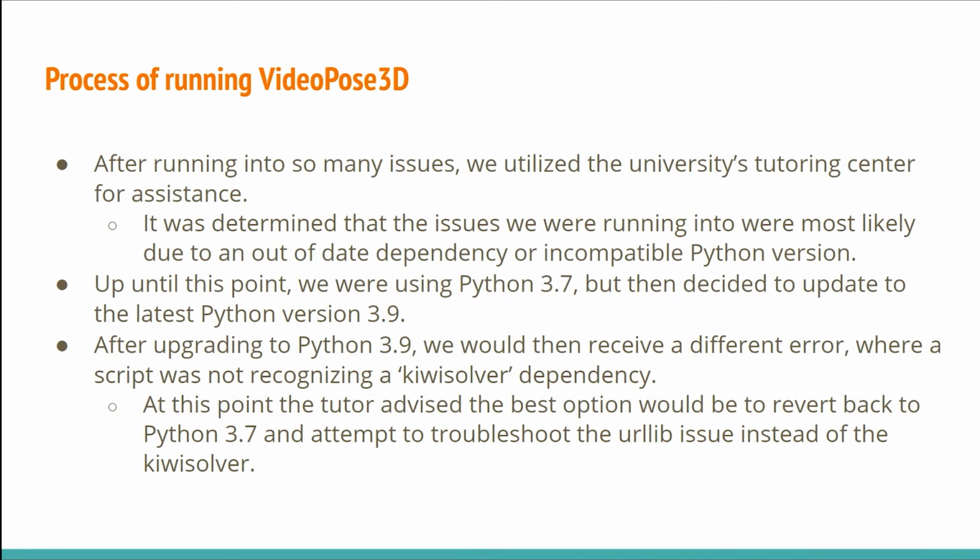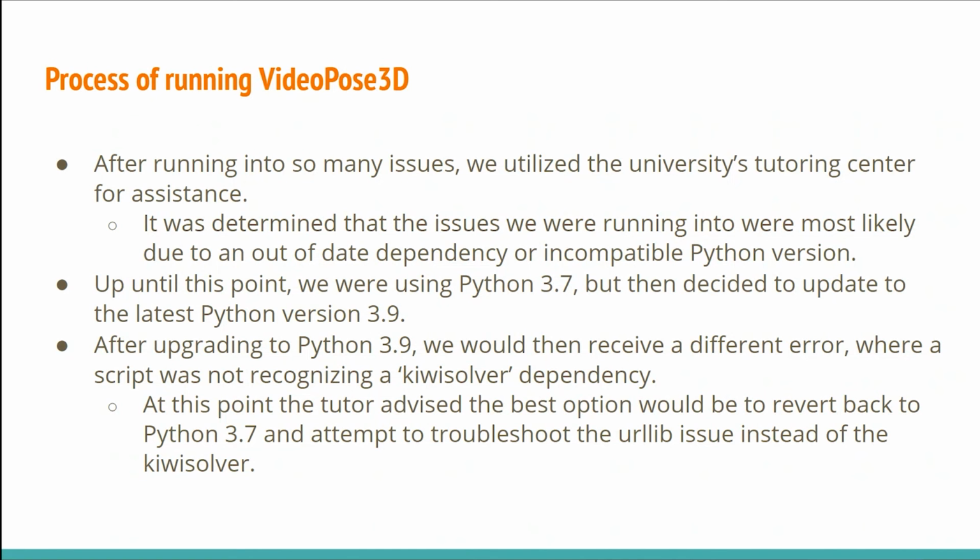And so I decided to go to a tutor, and after going through this with him, we agreed that our problem was mostly due to an out-of-date dependency or an incompatibility with our Python version, and maybe this was why urllib wasn't working. So since I was at the time running Python 3.7, I decided to update to the latest Python version, which is 3.9.